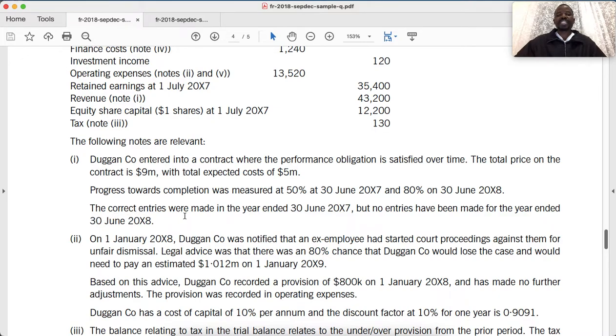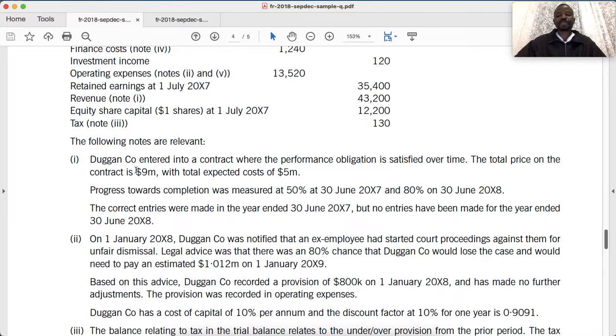The correct entries were made in the year ending 30 June 20x7. That was the previous period. But no entries have been made for the year ended 30 June 20x8. So the 30% that is progress during this period is not yet recorded, so we need to record it.